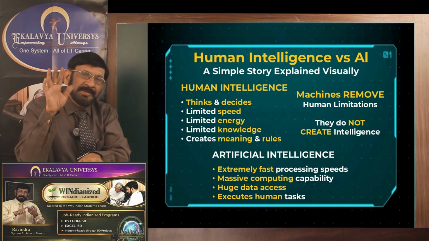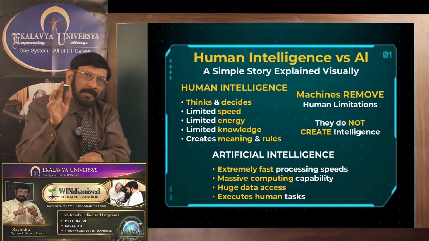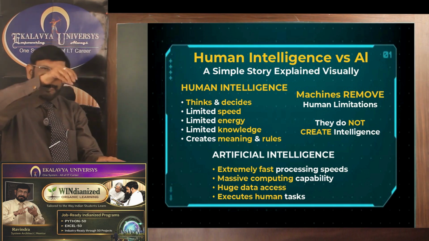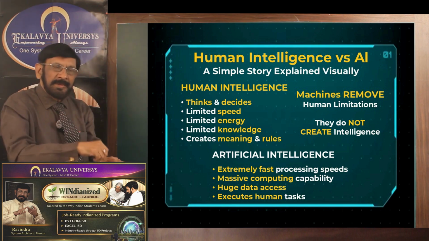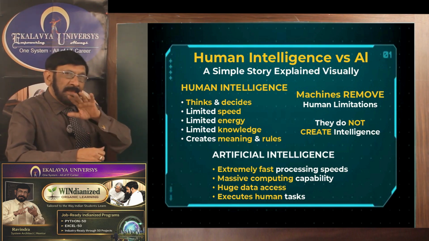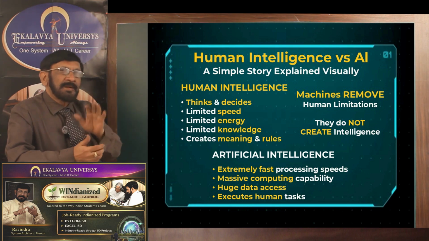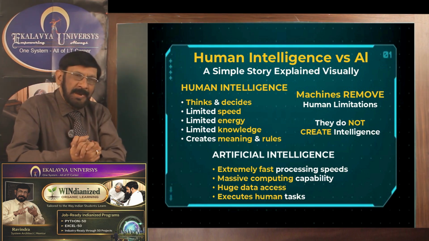But the machine does not have any intelligence. Whatever intelligence human incorporated for AI, that is AI's intelligence. AI by itself does not have any intelligence. That point you have to understand.